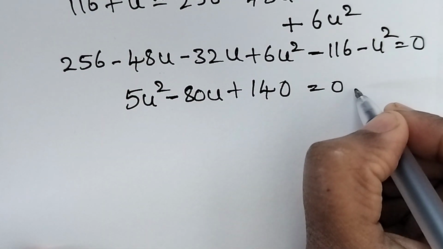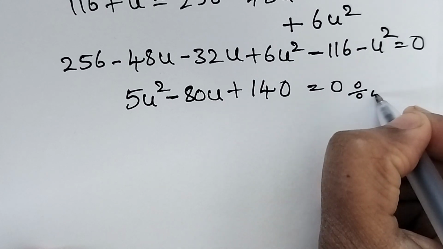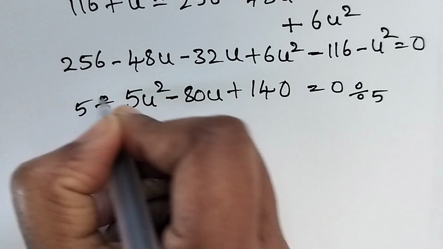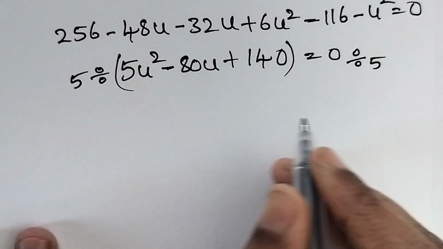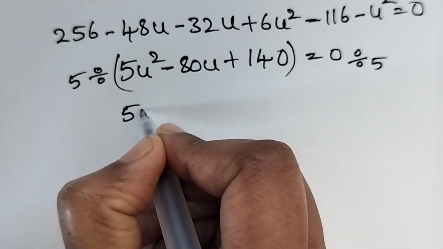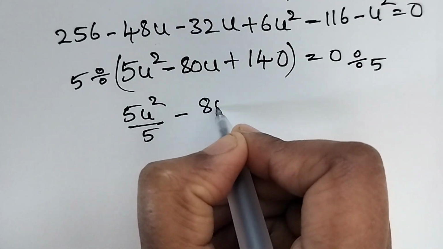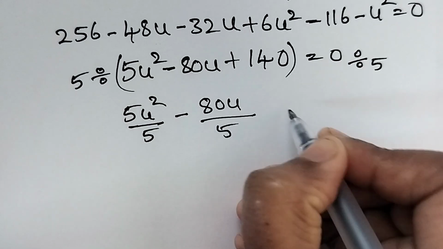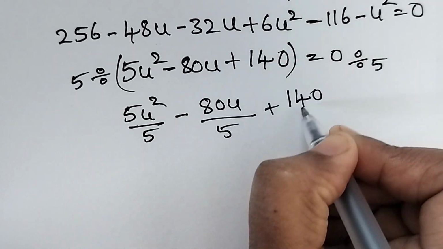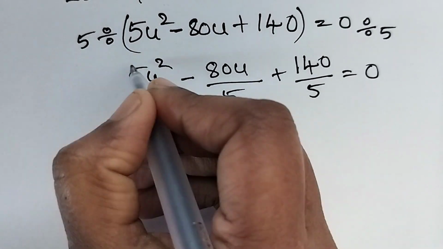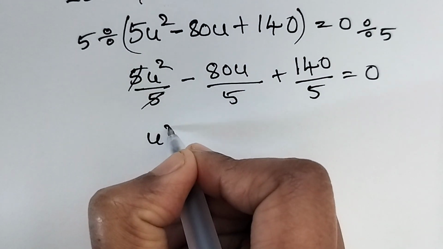So now divide by 5 on both sides. So now it will be 5u square by 5 minus 80u by 5 plus 140 by 5 is equal to 0. So here the 5 gets cancelled, u square.